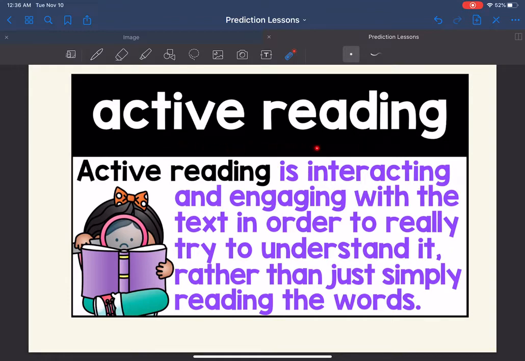Active reading means we are interacting and engaging with the text in order to really try to understand it, rather than just simply reading the words. So again, we want you to work on being an active reader. You're not just reading, you're reading to understand. And using our think marks and focusing on our learning targets helps us to be active readers while we are reading.